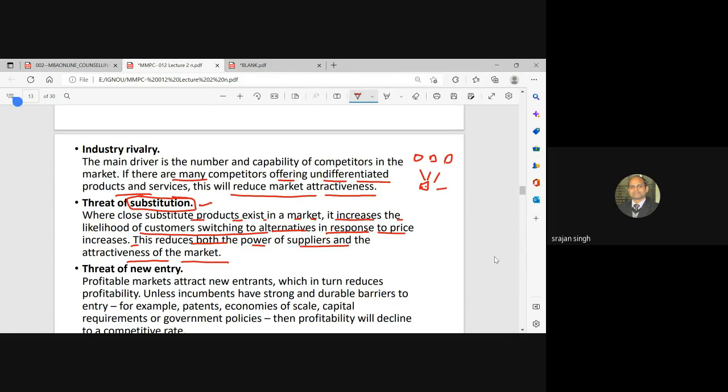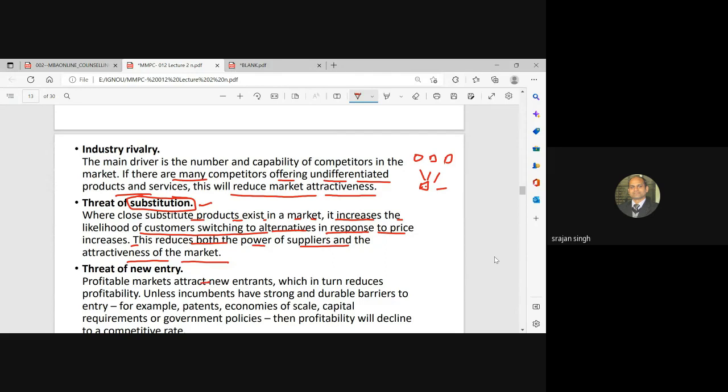The second product, which is the substitute of the first product, will have a negative impact on the first one.